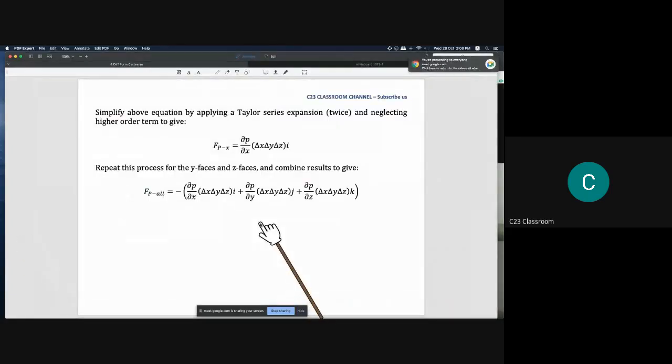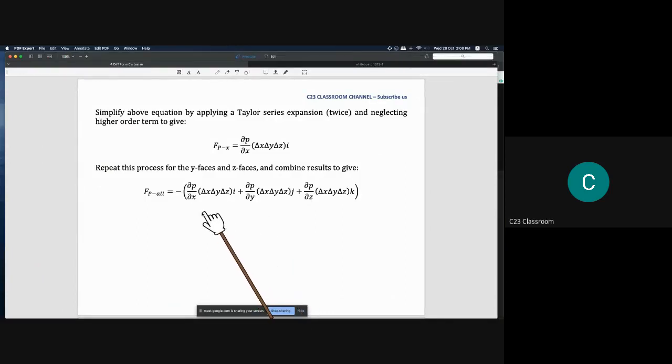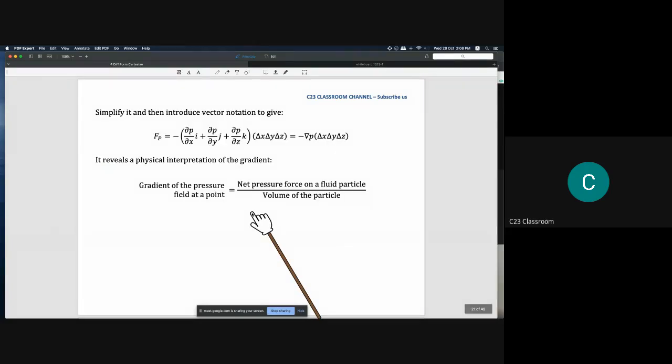To simplify this, if you repeat all of these, finally we could write that the pressure force can be written as minus nabla p delta x, delta y, and delta z.